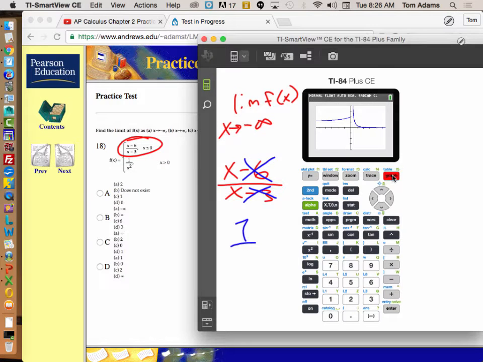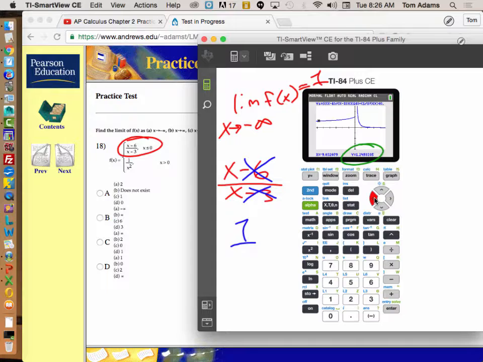Graphically, the only thing we're doing is going in this direction, and if you keep going in this direction, you'll see that the y value gets closer to 1. I got to go really, really negative though to get to 1. All right, so that limit is 1.